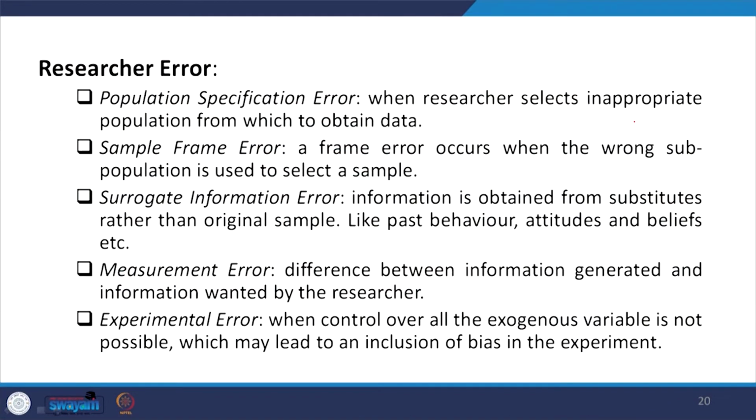If the information required is not perfectly matched with what is collected, then there are measurement errors. Similarly, experiment error: when we try to control the exogenous variable, which is not possible, it may lead to the inclusion of bias in the experiment. So, there is a lot of bias in the experimental design that creates error.